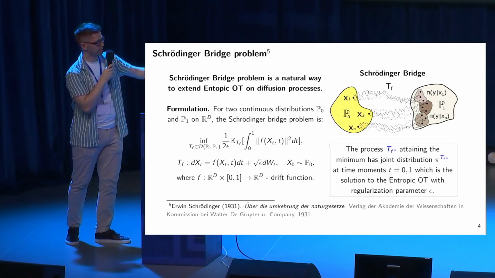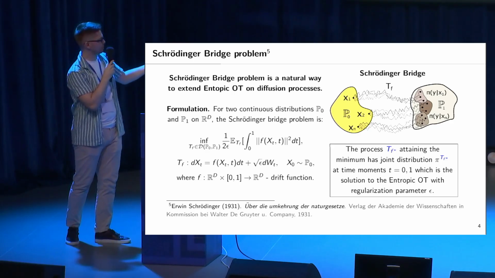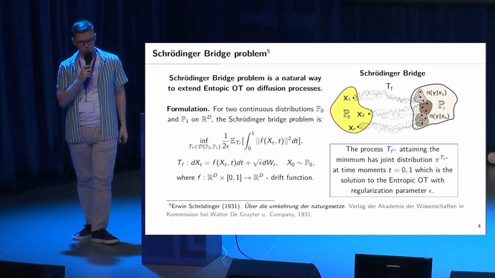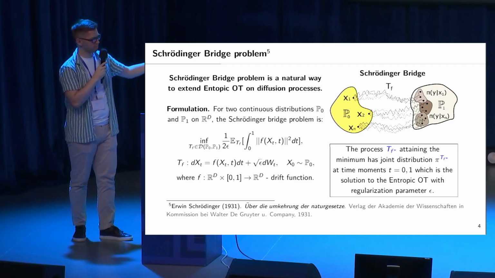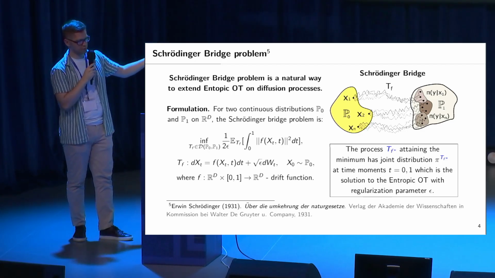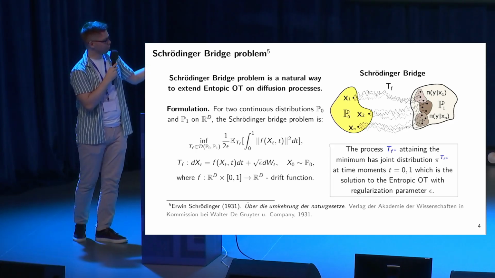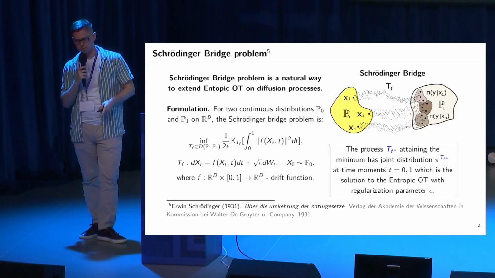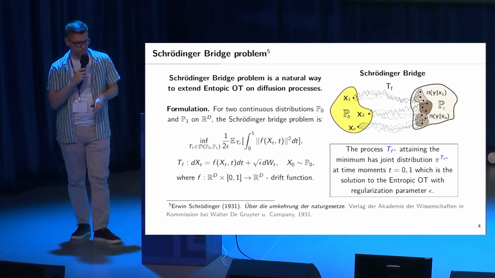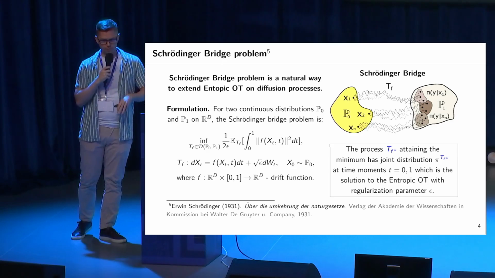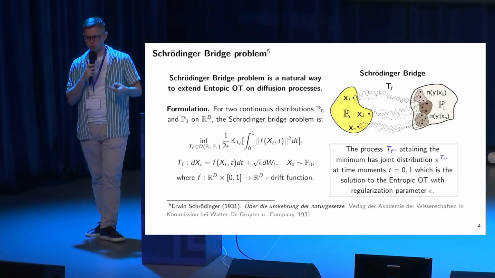And by doing it many times, we will obtain some distribution Py given X1. And I mean that this distribution for the optimal process TF, which is a solution for the Schrödinger bridge, will be the solution for entropic optimal transport. So these two problems are very related, and using background from both of them allows us to find new solvers.